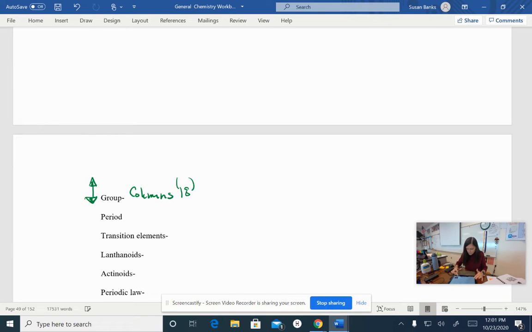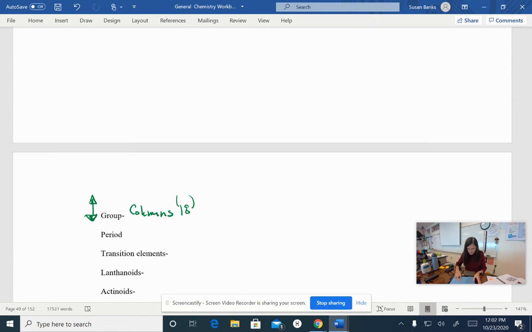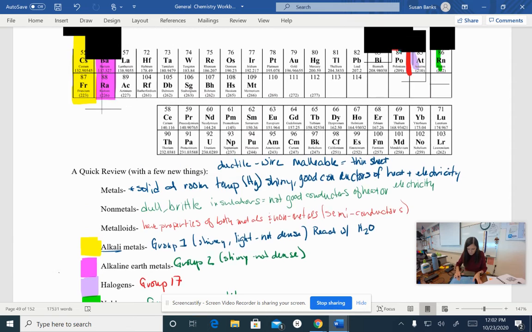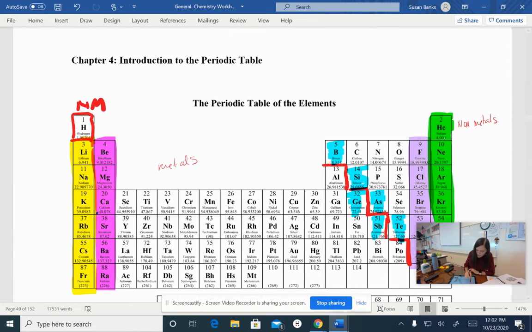So let's count that on the periodic table. If I count over 1, 2, 3, 4, 5, 6, and so on, we have 18 groups on the periodic table, okay?